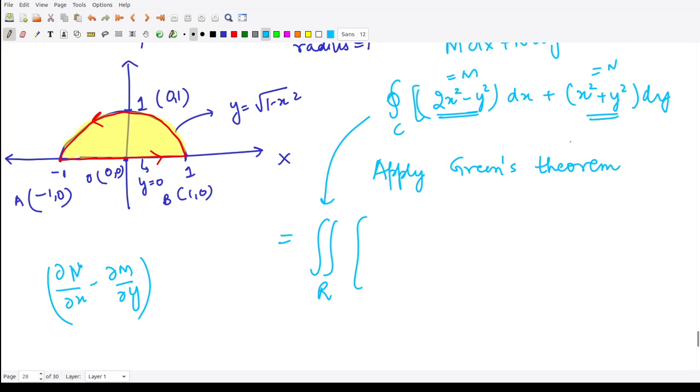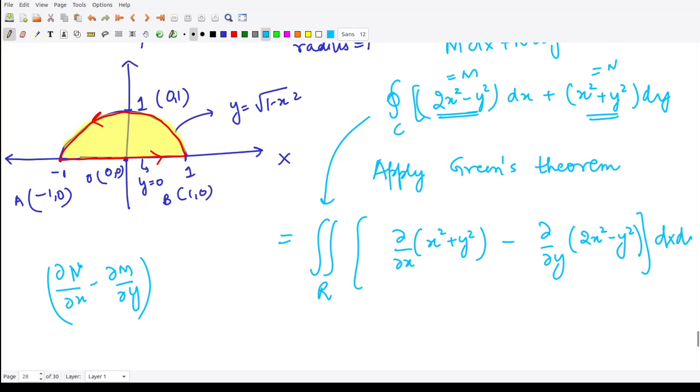Your n is x square plus y square, so that means del by del x of x square plus y square, and then minus del by del y of m. M is 2x square minus y square, so that is 2x square minus y square dx dy. So we have to solve this integral by taking out the appropriate limits for this particular region.